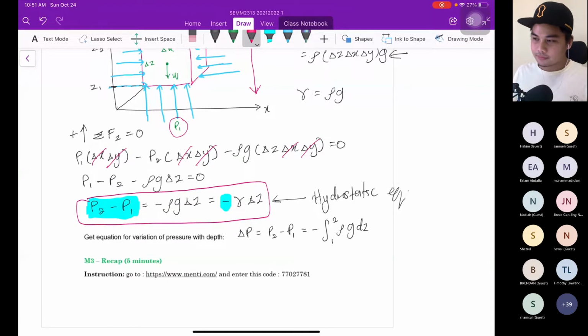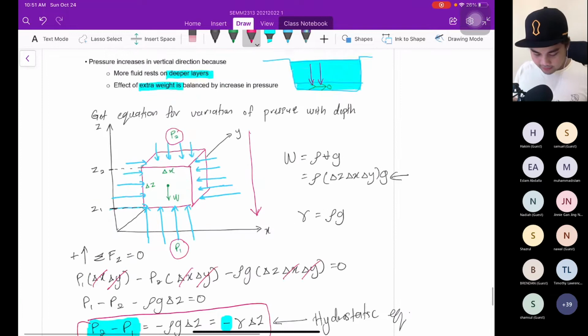Now let's have the quiz time. By the way, doctor, I have a question. What's your name? Yusuf. Okay Yusuf, what's your question? For the equation gamma equal to rho G, sometimes they use Y, right? Sometimes they refer to the coordinate.